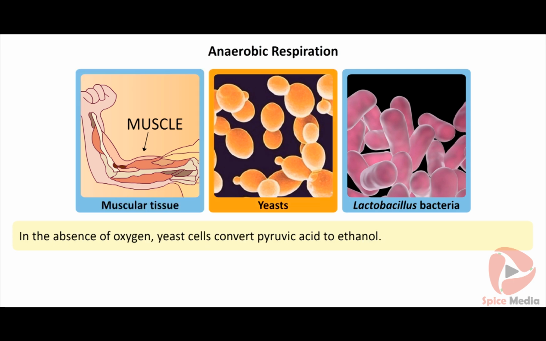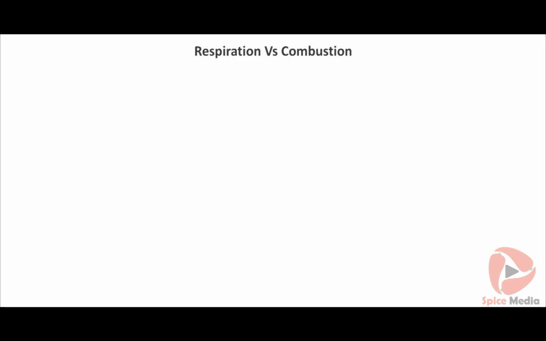In the absence of oxygen, yeast cells convert pyruvic acid to ethanol, a type of alcohol. This method is applied for the large-scale production of alcohol and other beverages in industries. Lactobacillus bacteria convert pyruvic acid to lactic acid. This phenomenon is used in our kitchen for making curd.